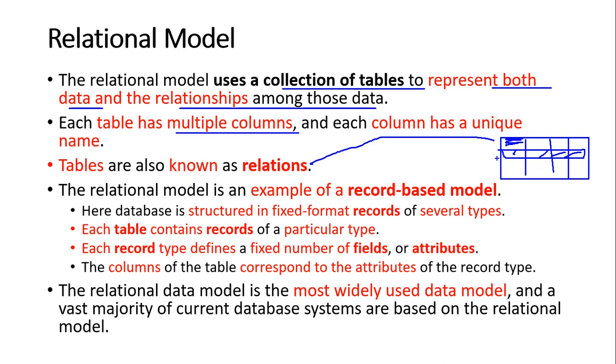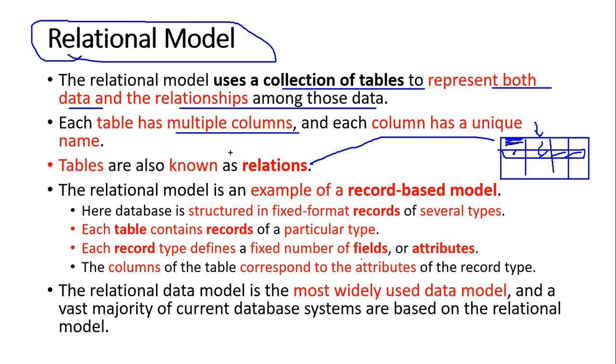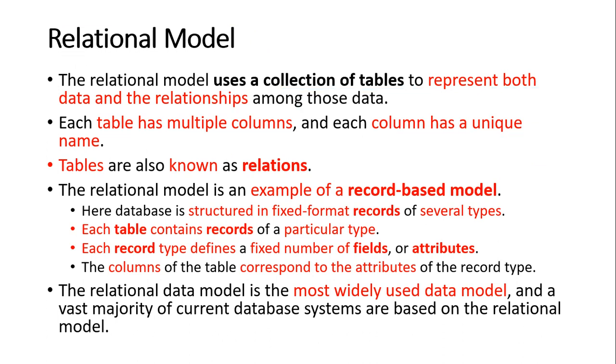Every record has a fixed number of fields or attributes, and these attributes correspond to the columns of the relation or the table. This model, the relational model, is heavily used in the industry. This is the one that is most frequently used data model when we talk about databases.